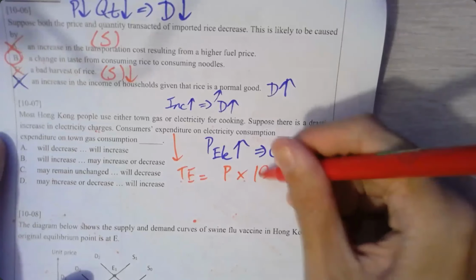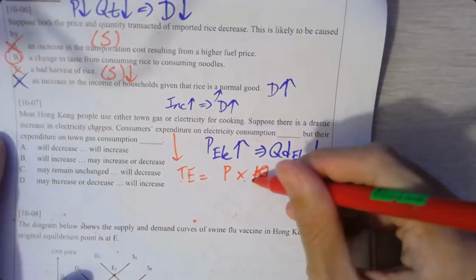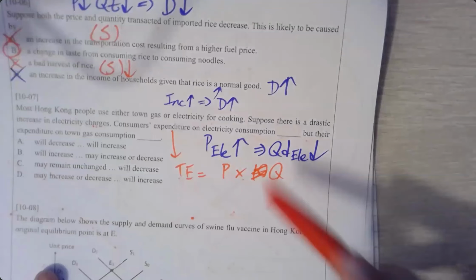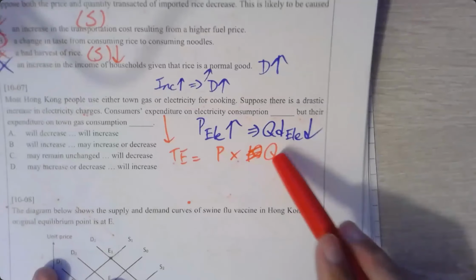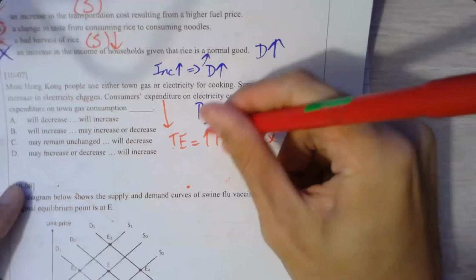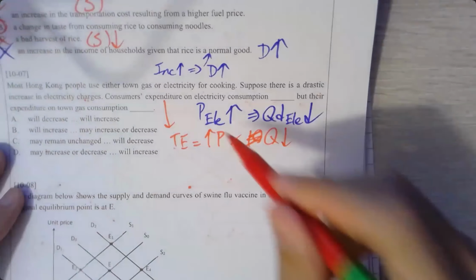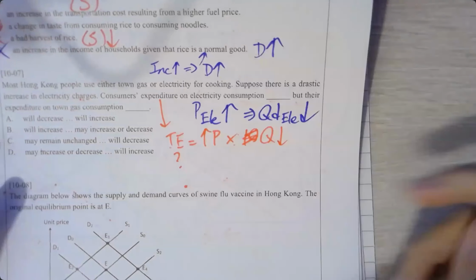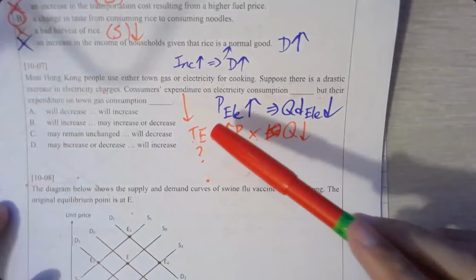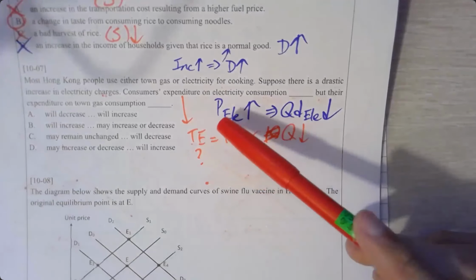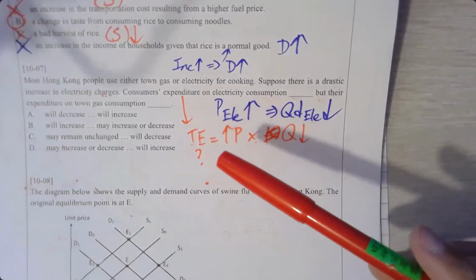Each unit is, let's say, $10. You buy 10 units. P times Q. Each item costs this much, you buy this many items in total, multiply together. Here price increases, quantity decreases. So do you know how total expenditure will change? You'd have no idea how total expenditure would change unless we go to chapter 10 when we talk about elasticity of demand.